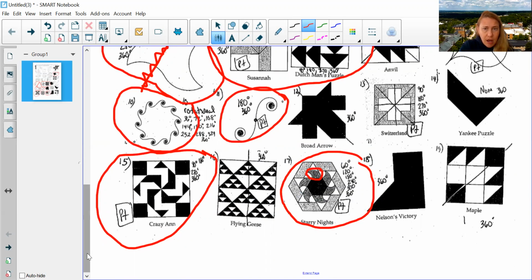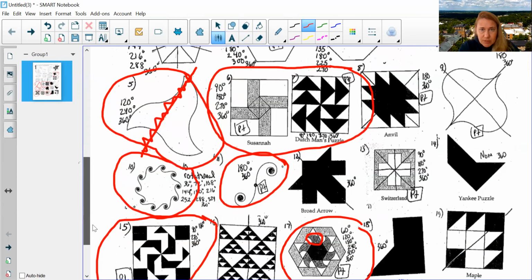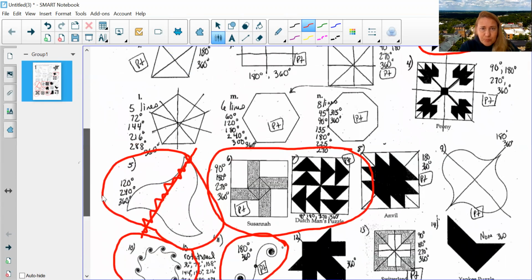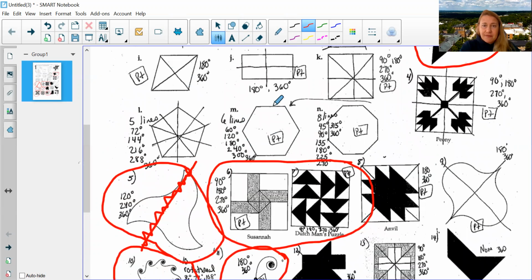Because in other cases where we have 6 rotational symmetries, we also have 6 lines of symmetry. I could put a line of symmetry through each vertex, 4, 5, and 6, like that.